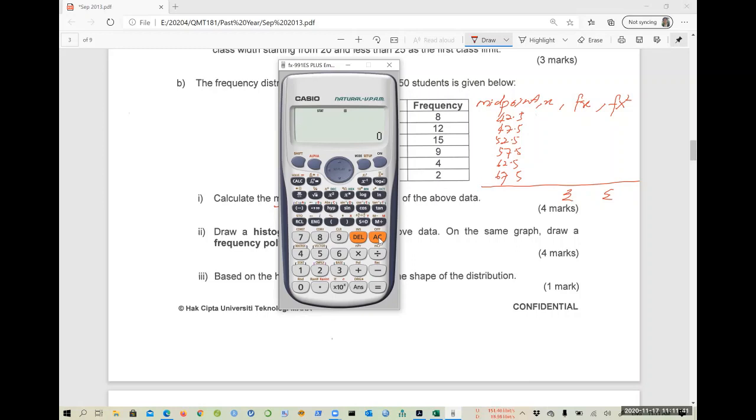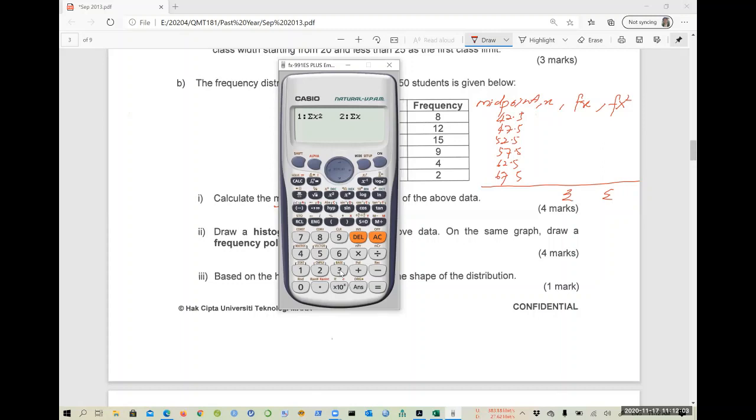Next, what you need to do is to find the summation value. So shift number 1. Under shift number 1, you can see number 3 is sum. This will give you all the summation values. So press number 3. They give you an option.